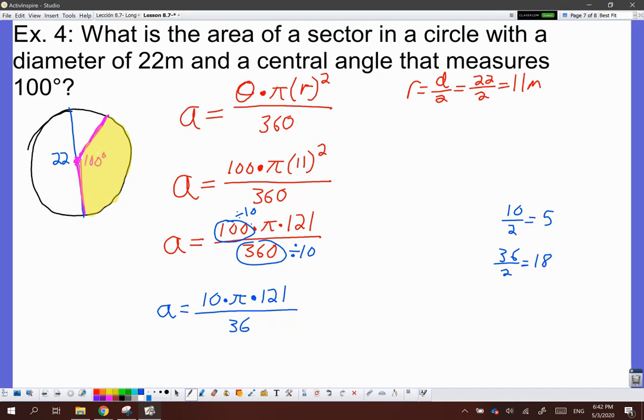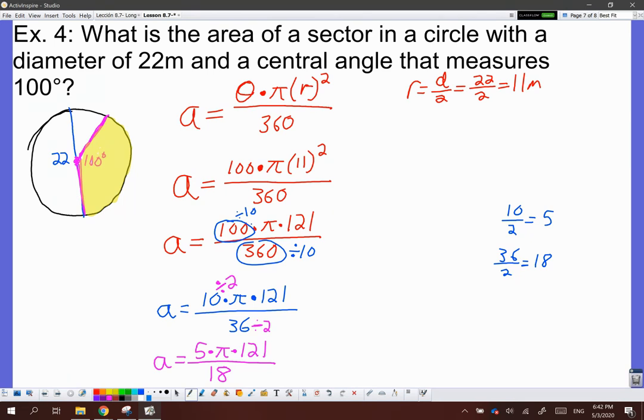So I know that there's still some more factors here that I can take out. So from the 10, I can divide that by 2, and the 36, I can divide that by 2. And so I get A equals 10 divided by 2 is 5 times pi times 121 over 36 divided by 2 was 18.